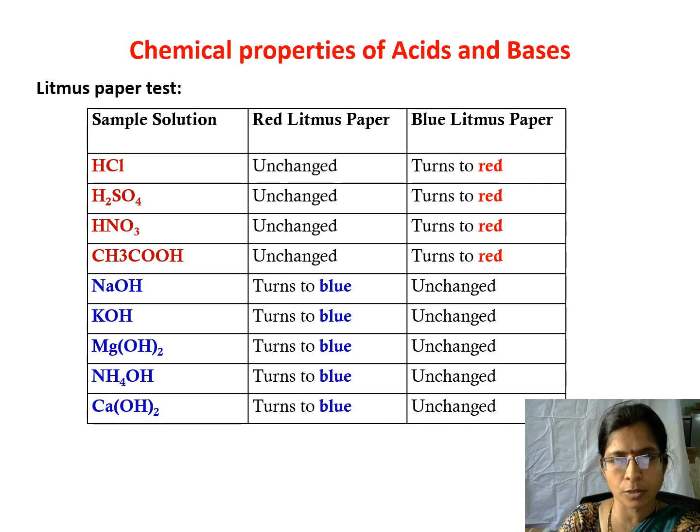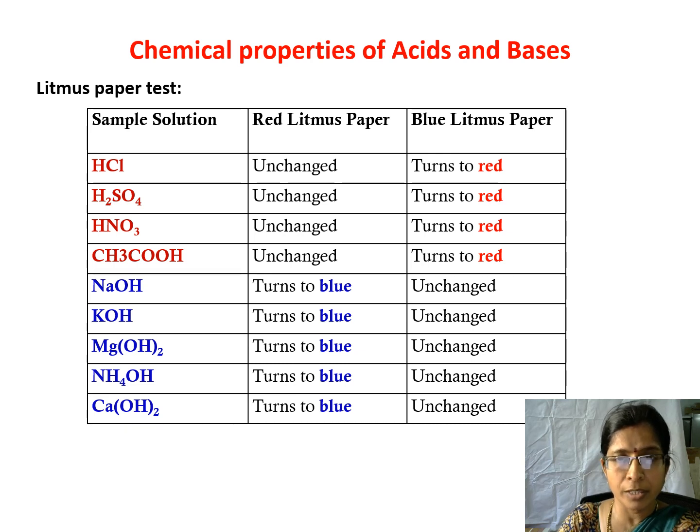Let's see the results of them with red litmus paper. When few drops of HCl is placed on a watch glass, then red litmus paper is placed on it. Then you do not observe any change in the color of the red litmus paper. The same is observed with other acids.